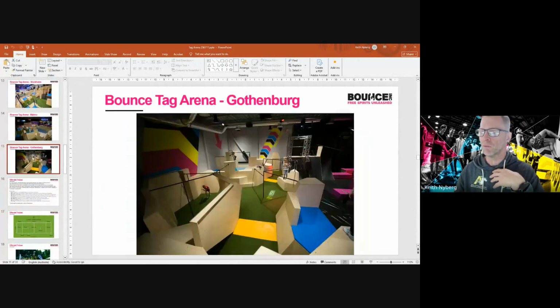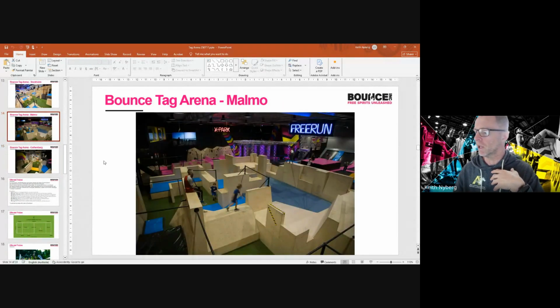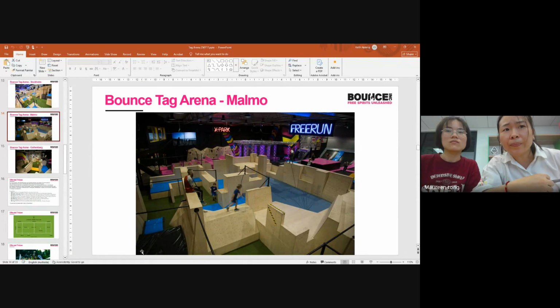So we've learned from that the customers don't use it enough because they're scared of hurting themselves. If we were going to do this again, we would put way more padding on these surfaces so that people would be more likely to try the jumps and try different things. At the moment, people are scared to do the jumps because they think, if I get it wrong, I'm going to hurt myself.